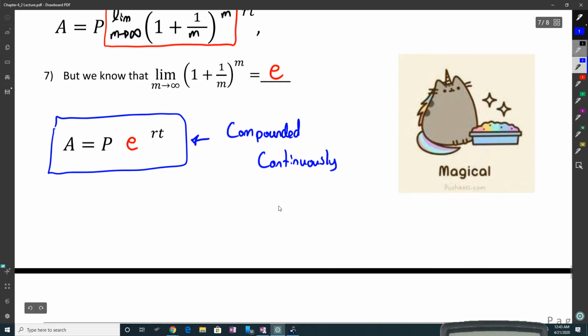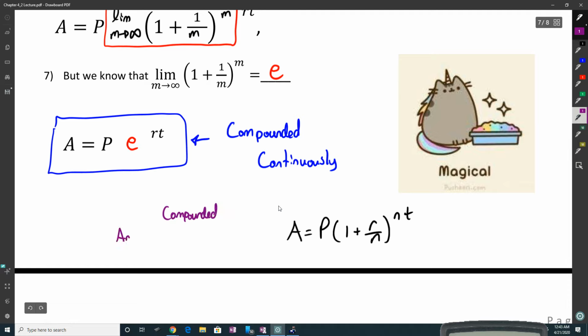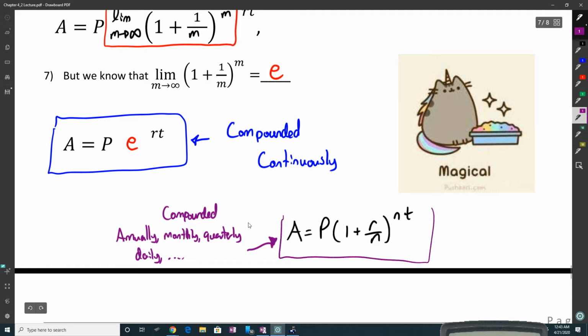Okay, so if the formula is anything else, this is for compounded annually, monthly, quarterly, daily, etc. So anytime that you can actually count how many times per year it's compounded, you use this formula.